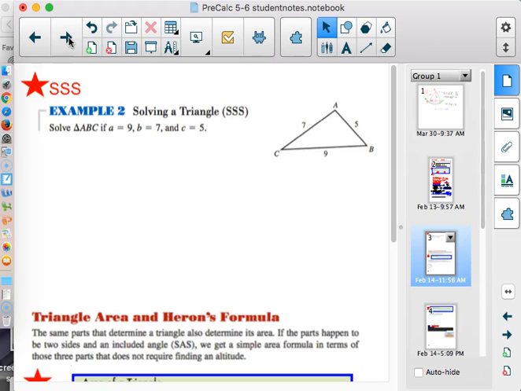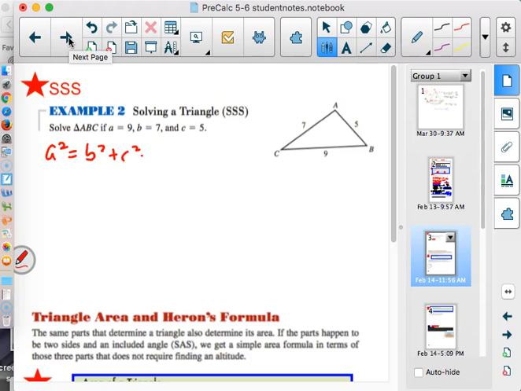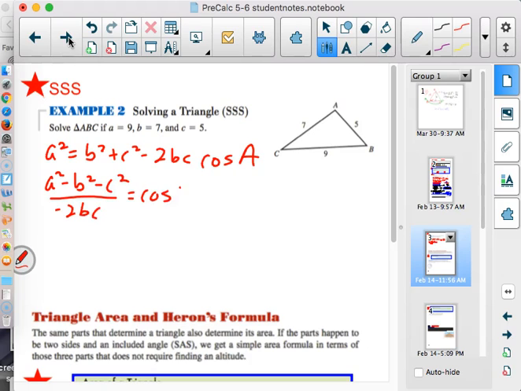So might as well go in alphabetical order and say, all right, well, I'll start with angle A. So A squared equals B squared plus C squared minus 2BC cosine of angle A. And again, it's really helpful to just start off by saying, I'm going to build this so that I can find A right away. I don't want to put all the numbers in there and then have to show the step where I put everything back over to the other side. So right now we'll subtract the B squared and the C squared, divide by the negative 2BC, and that'll equal the cosine of A.